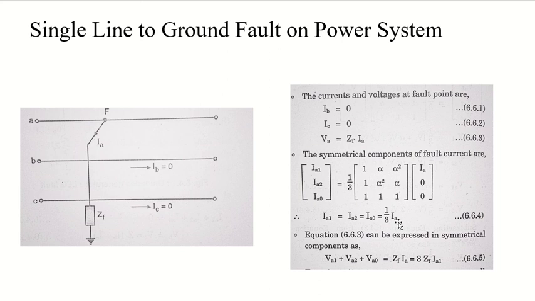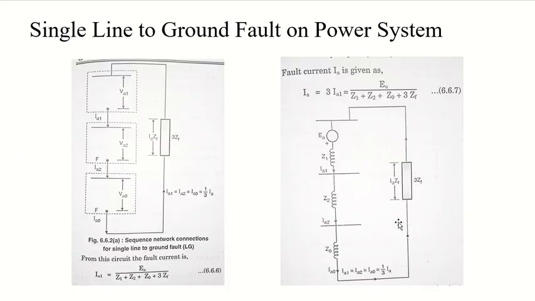So we will do exactly that, and when we do that, my circuit will look something like this. Here I have the positive sequence network VA1, negative sequence component VA2, and zero sequence component VA0.